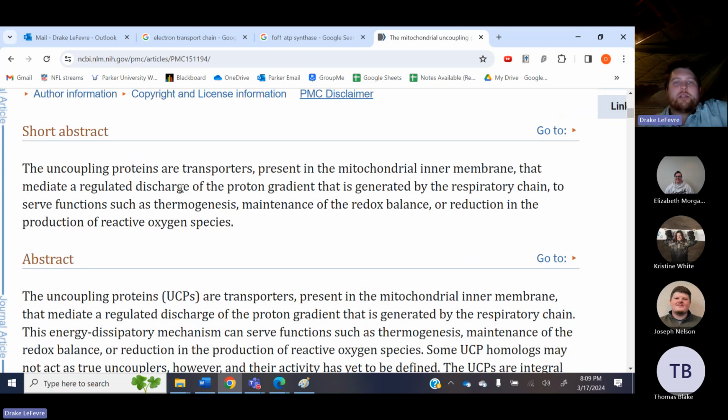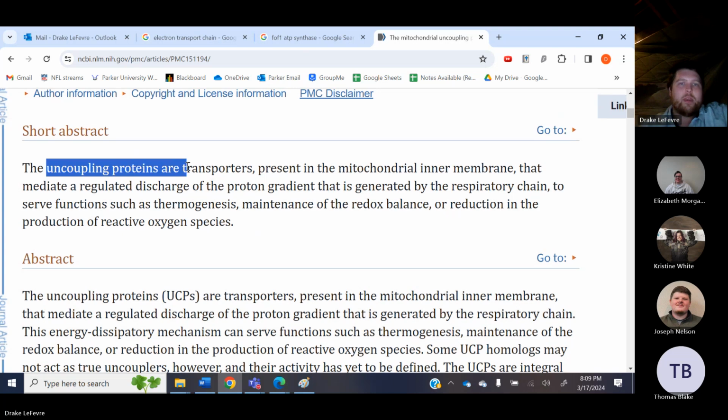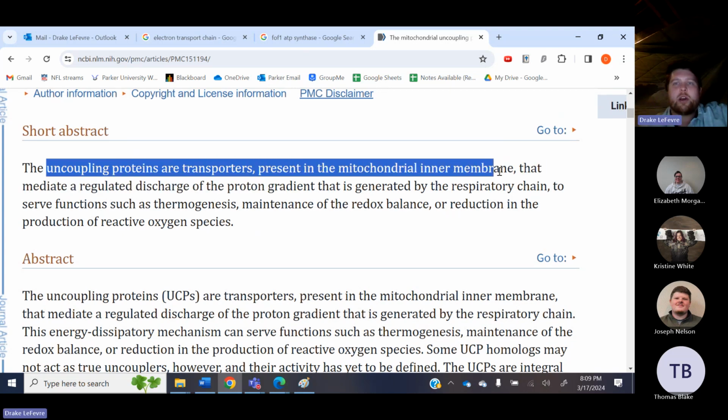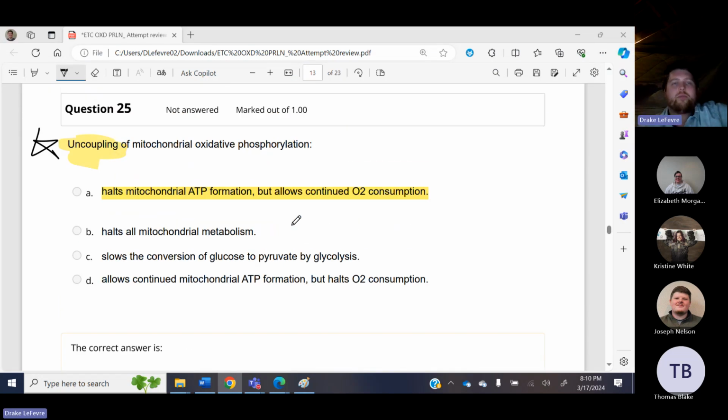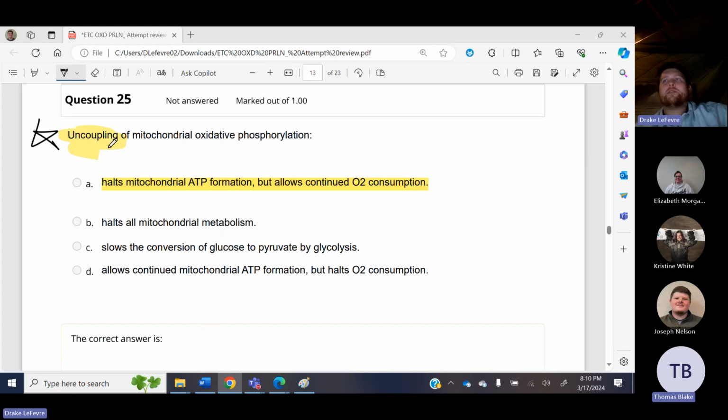They mitigate a regulated discharge of the proton gradient generated by the respiratory chain to serve functions such as thermogenesis, maintenance of the redox balance, or reduction in the production of reactive oxygen species. Look back at the question. That helps. So the uncoupling proteins are those transporters.